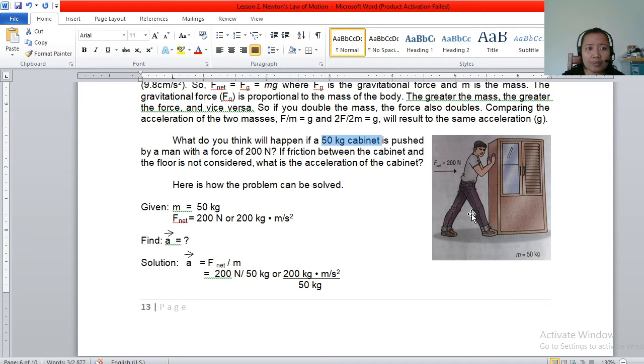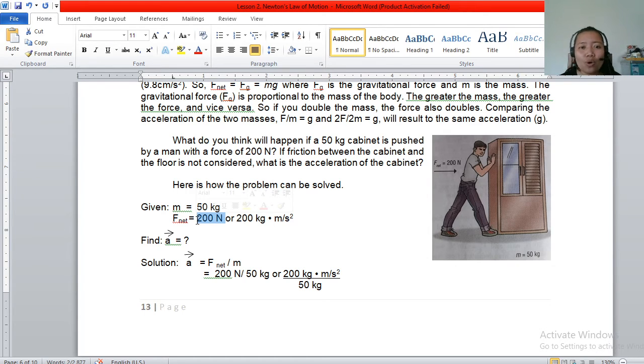If friction between the cabinet and the floor is not considered, what is the acceleration of the cabinet? So, the given are the following. The mass of the cabinet is 50. The force of the man is 200 Newton, or 200 kilogram times meter per second squared.